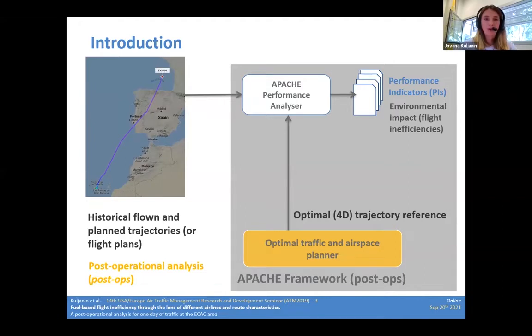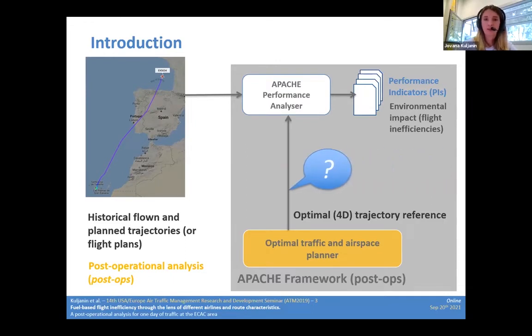And the core of the APACHE framework resides in the performance analyzer, which is collecting the information from historical flown and planned trajectories, and from the other side, from the optimal traffic and airspace planner, it is receiving the information on the optimal trajectory reference in order to compute a family of performance-based indicators.